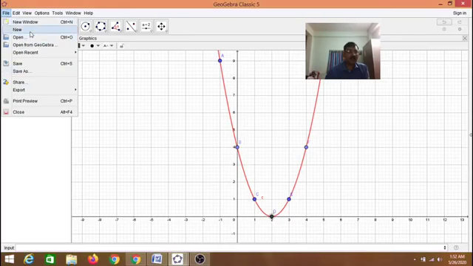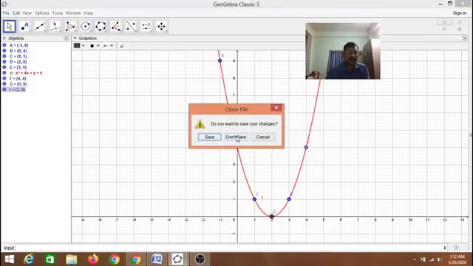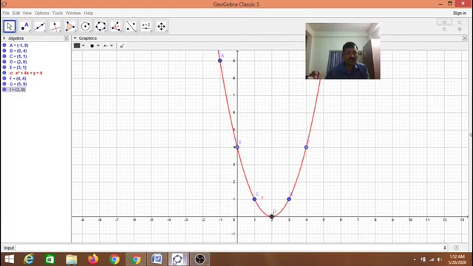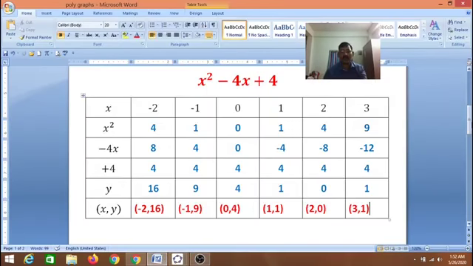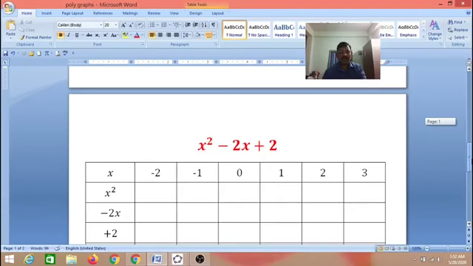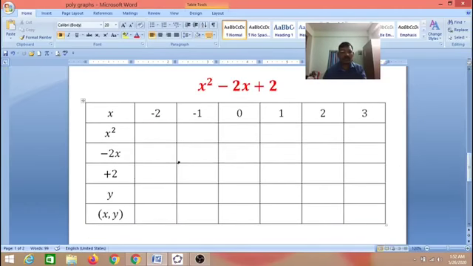Now let us go for one more graph. Meanwhile we go for the table again. The third polynomial is x square minus 2x plus 2.